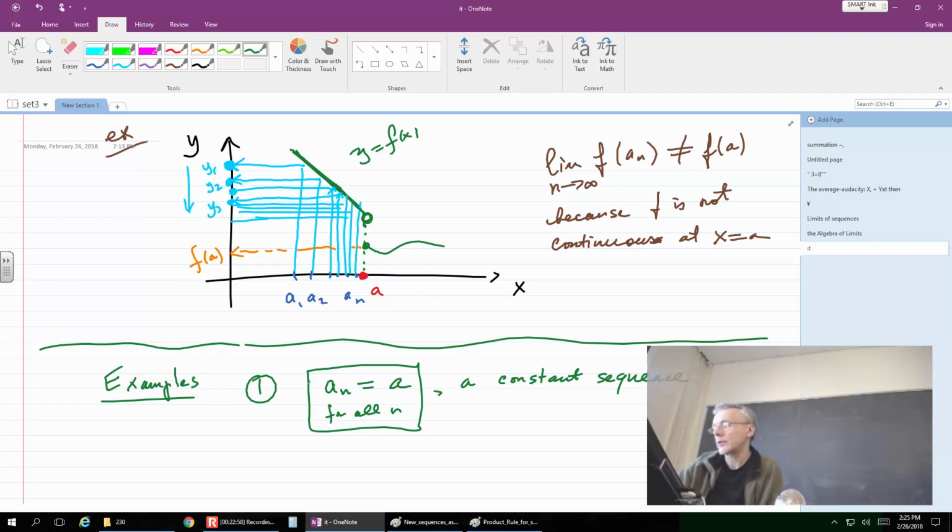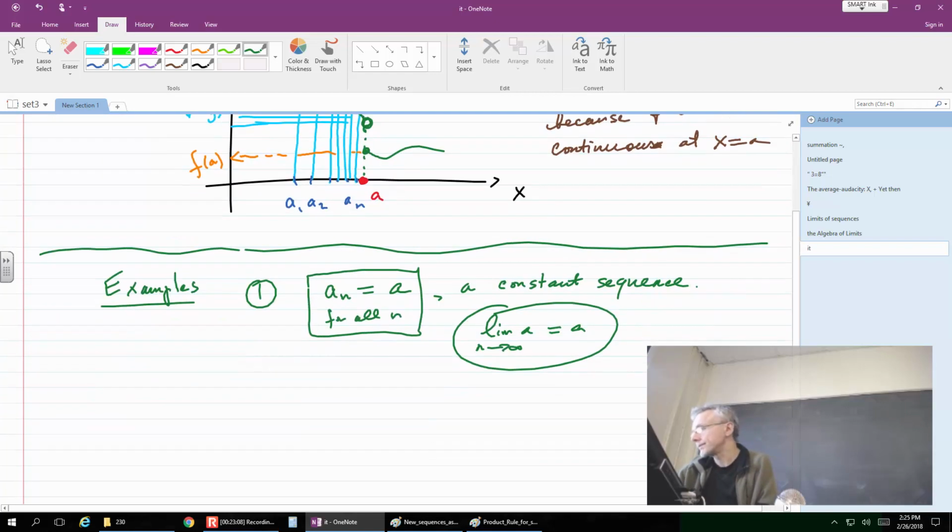The limit of An as n goes to infinity is equal to a, predictably. It doesn't matter what a is. If the sequence is not changing, then it is that number that is being approached.